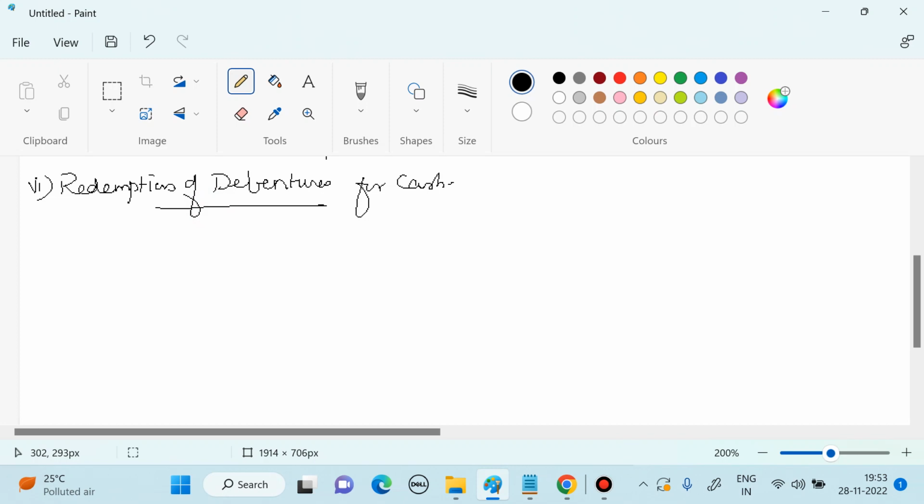Where do we classify debentures in the balance sheet of a company as per Schedule 3? Nobody knows? Okay. Long-term borrowing.